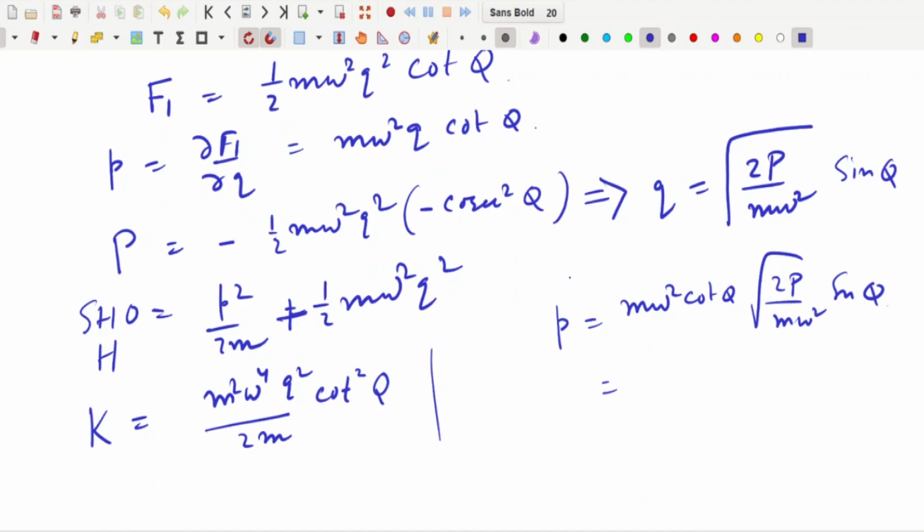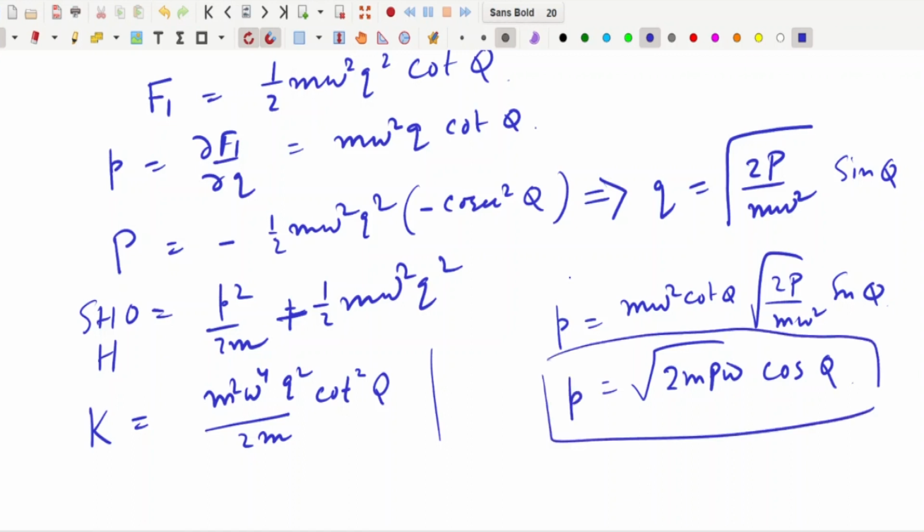So p will be root of 2 m P omega, so 2 P m omega cos Q. Okay. So this is my p after substituting the q. That is why in the last class we missed this step.